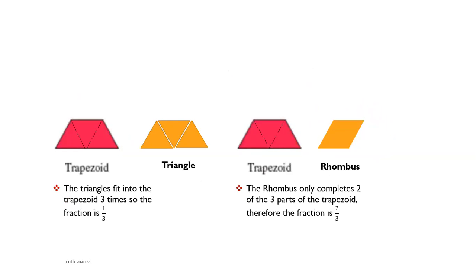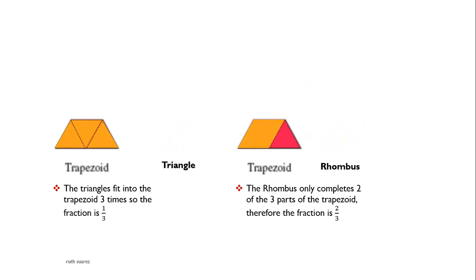Next, it's the triangle fitting into the trapezoid, and it fits 3 times. 1, 2, and 3. Therefore, the triangles fit into the trapezoid 3 times, so the fraction is 1/3. Next is the rhombus. The rhombus only fills 2 shapes. It only completes 2 of the 3 parts of the trapezoid.